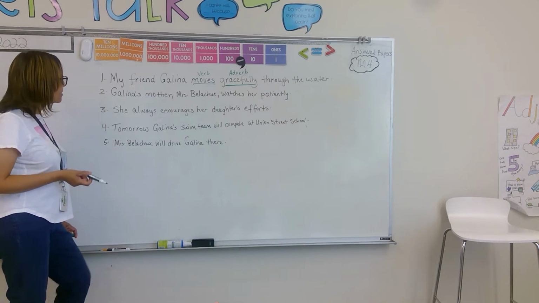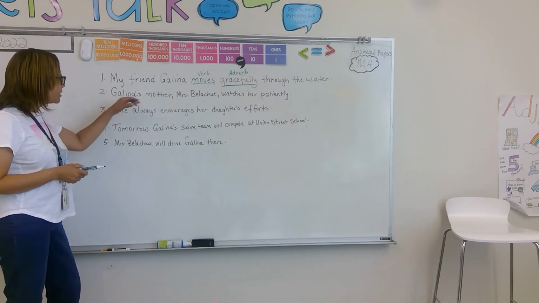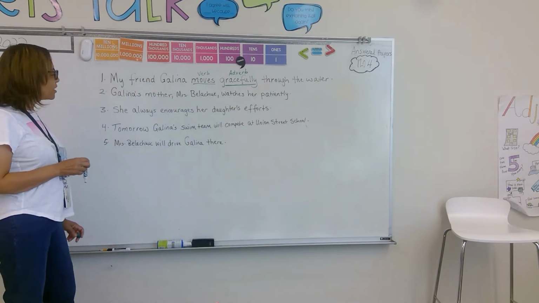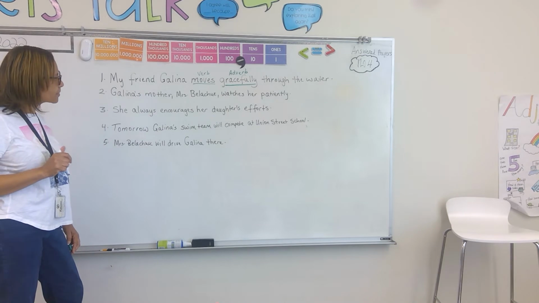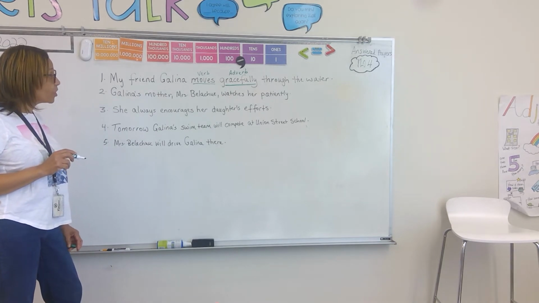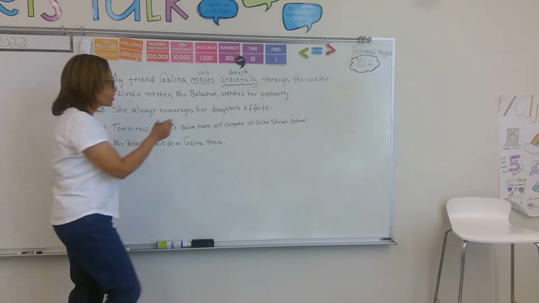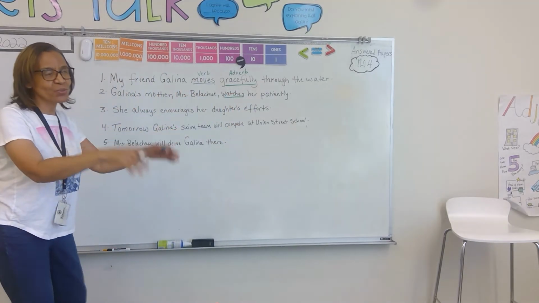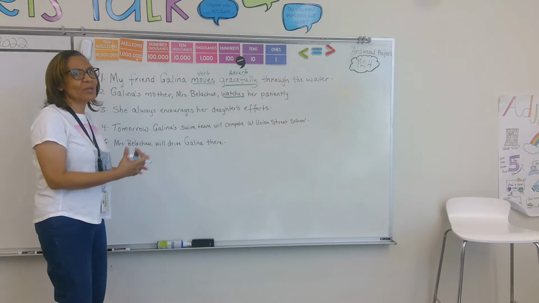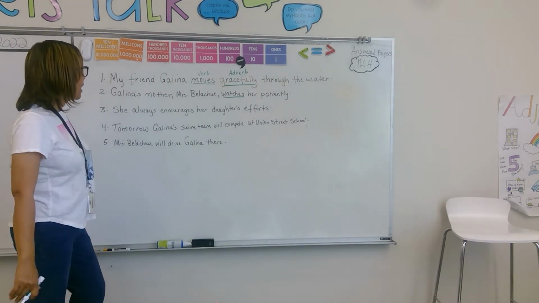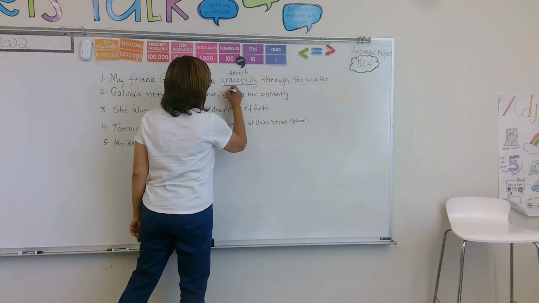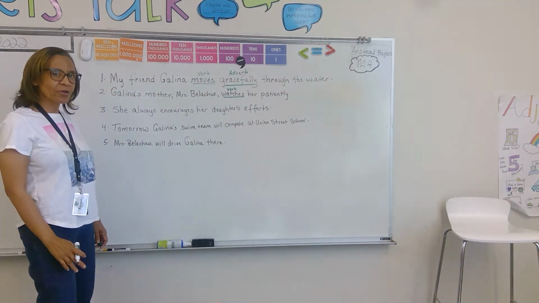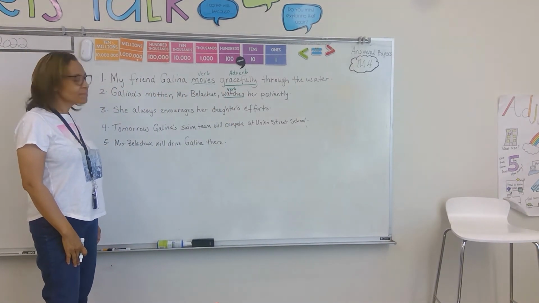Let's look at sentence number 2. Galina's mother, Mrs. Beluchuk, watches her patiently. What is the verb in the second sentence? Our verb is watches. She watches. Remember, a verb is an action word. Somebody's doing something. And what is our adverb in that sentence?